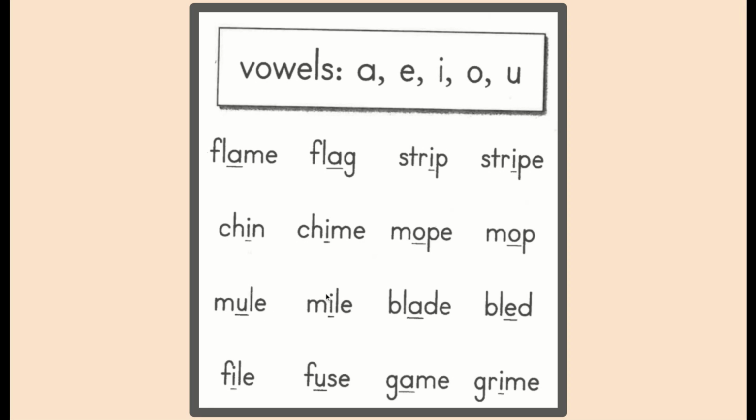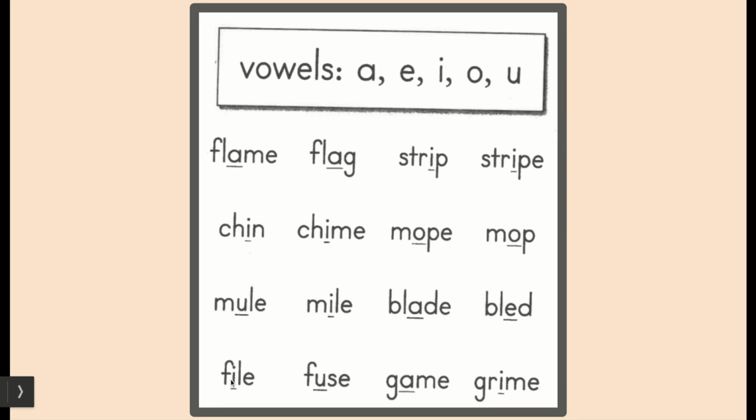E on the end, the I says its name, I. Mile. E on the end, the vowel says its name, A. Blade. No E on the end, the vowel says its sound. Bled.